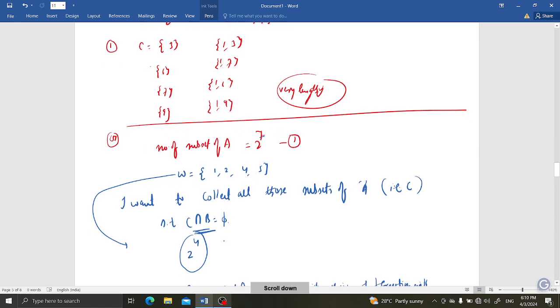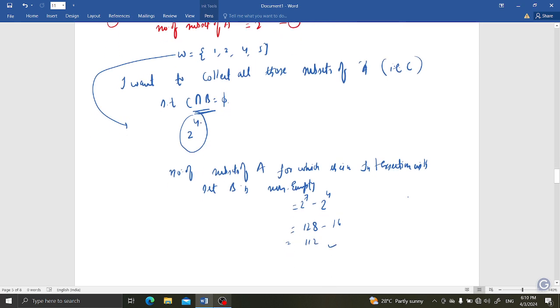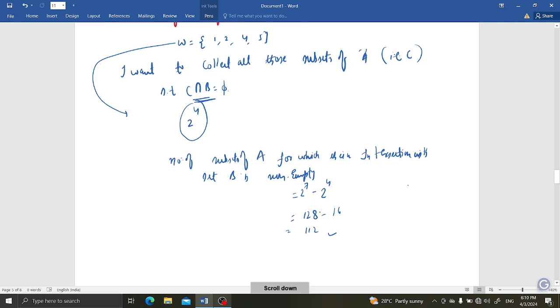How many exactly are they? 2 raised to the power 4, because they are formed from the elements 1, 2, 4, 5, and any subset of W, that is C, has an intersection with B that is always empty. So we subtract those from the complete collection of sets and we get 112.